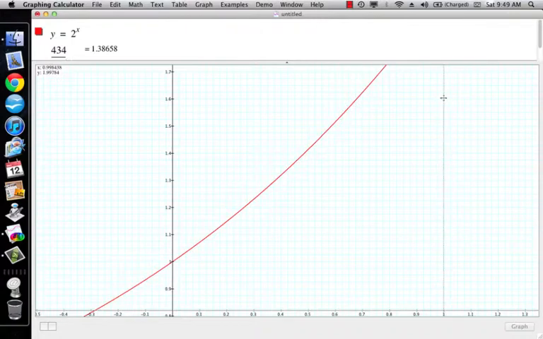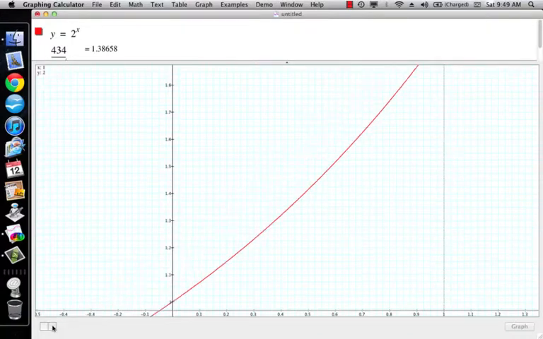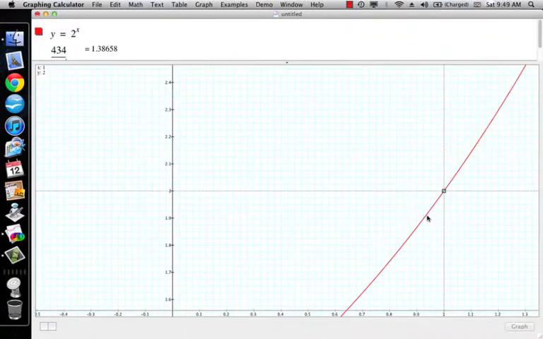Let's zoom in just a little bit. Okay, the slope of this line at the point 1, 2 is approximately 1.38.